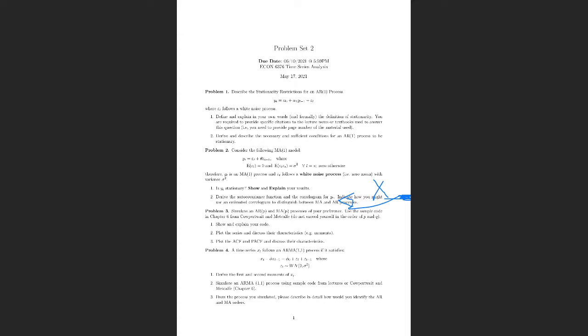Okay, so derive the first and the second moment of xt. Now we can calculate it by hand, right? So let's take a look. If I have a series that looks like this, xt minus, this is the AR part, and this is the MA part.